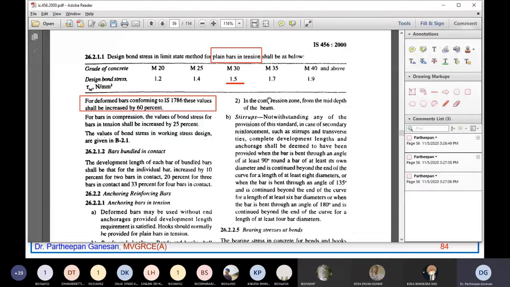I want to find out what is the design bond stress for M30 grade concrete and Fe 415 steel. What is the value of design bond stress? It is given here, na?